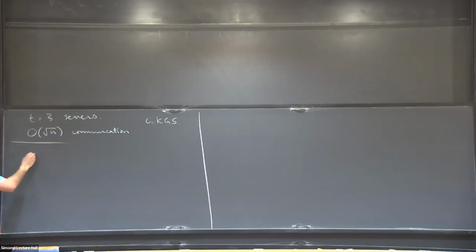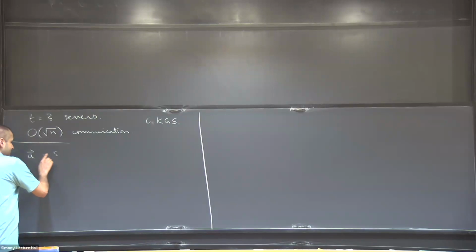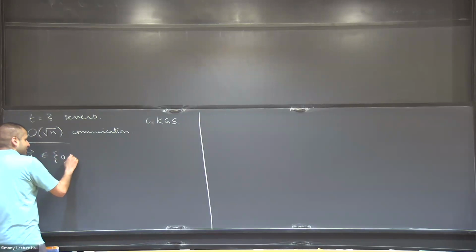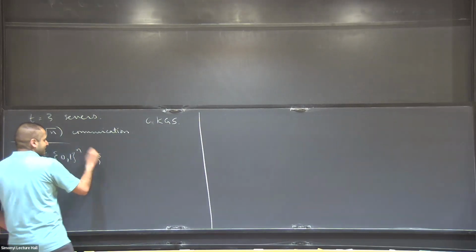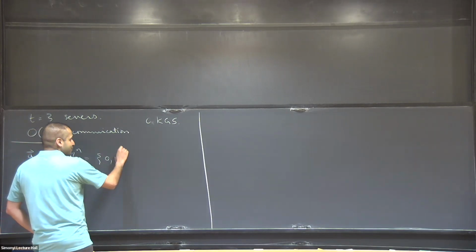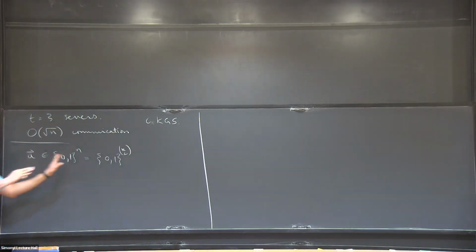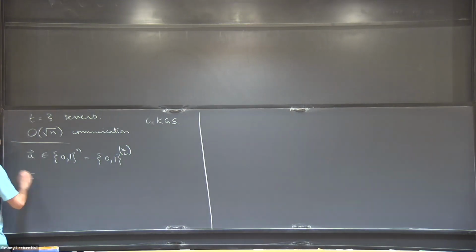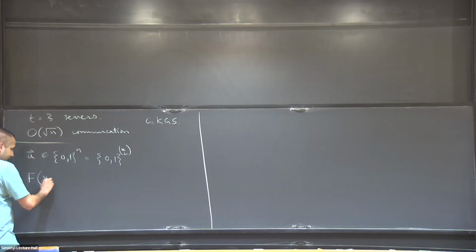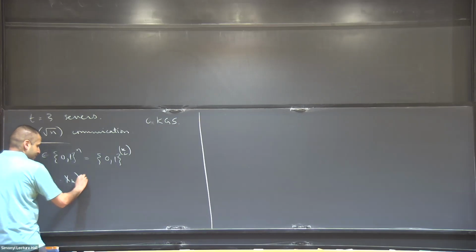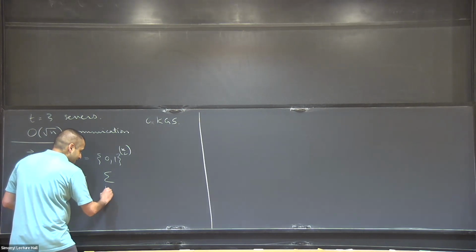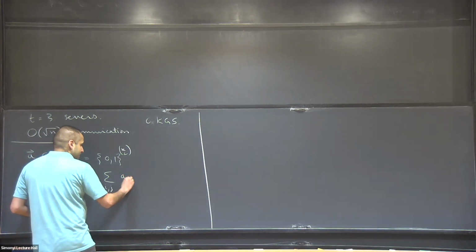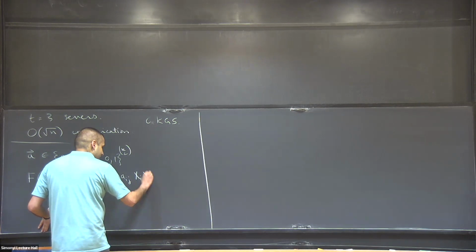Our database A is an element of {0,1}^n. I want you to re-index it so that it's in {0,1}^(k choose 2), for k being about square root n. And I will define f to be a polynomial in x_1 up to x_k, the sum over all i and j of a_ij x_i x_j.